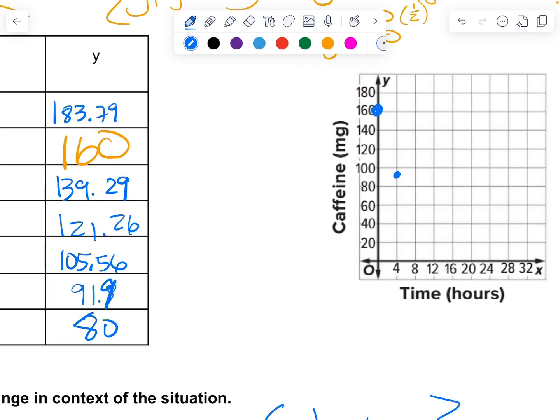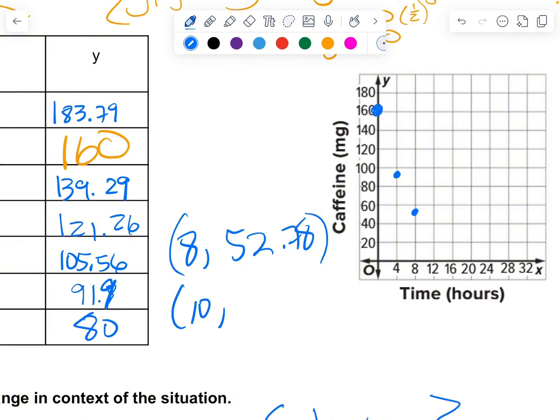So 8 over 5, so 8 divided by 5. So if it was 8, then it would be 52.78. If I did 10, that would be 40.